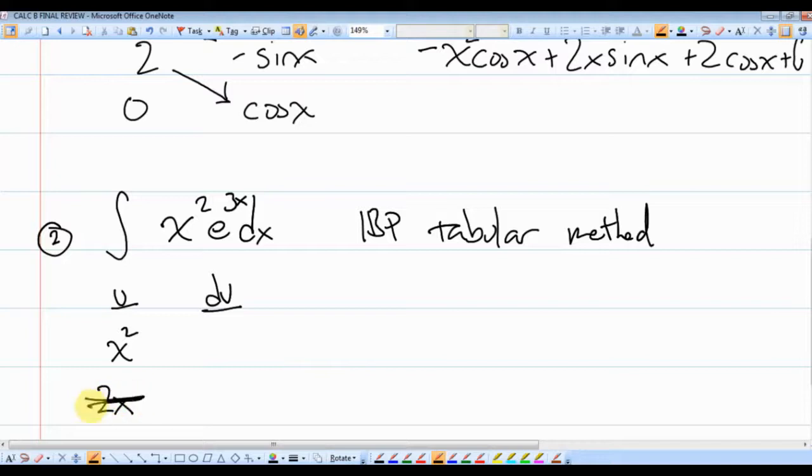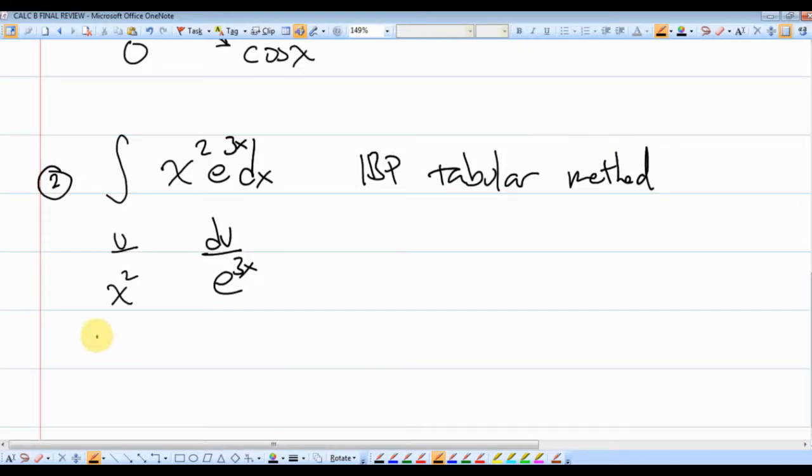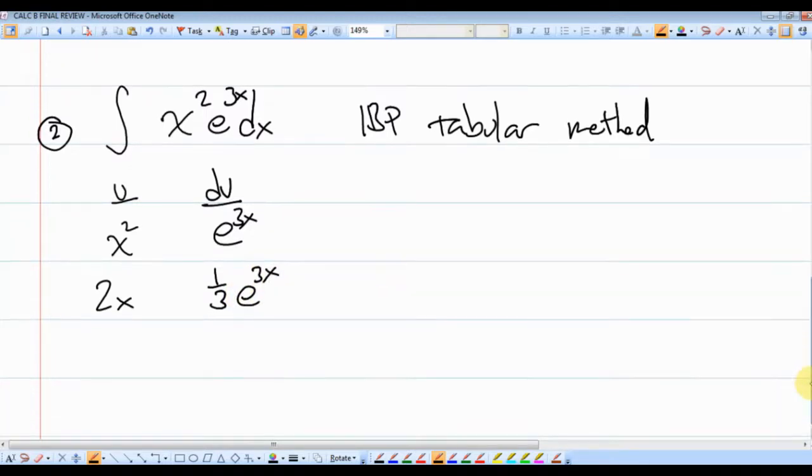No, let's not do it that way. Derivative 2x, integral 1/3 e to the 3x. Derivative 2, integral 1/9 e to the 3x. Derivative 0, integral 1/27 e to the 3x.